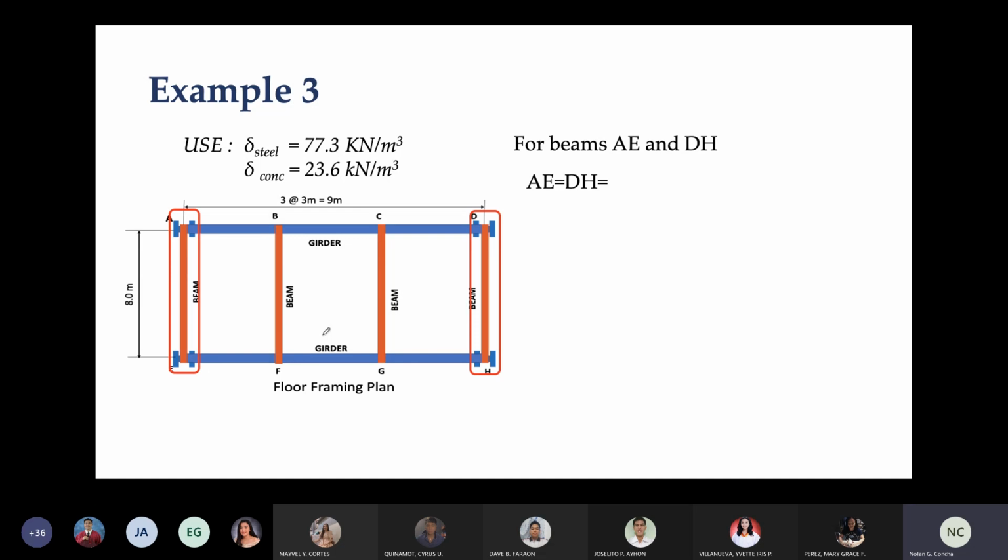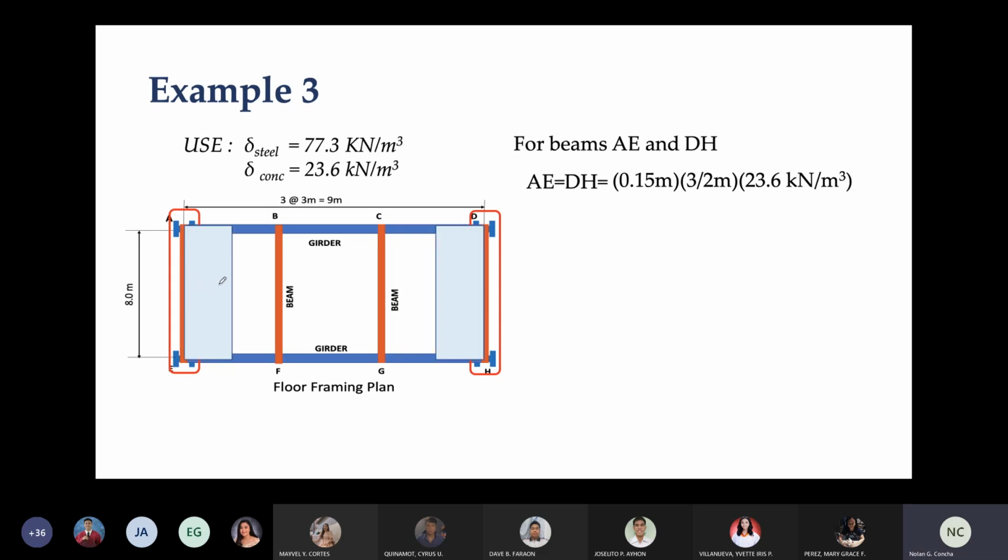And again, we compute the slab. Yung slab, ito, nakapatong. Yung isang slab panel, syempre maghahati sila. It will be divided equally into 2 parts. Half of the slab panel will be carried by this beam, and the other half will be carried by your beam BF.